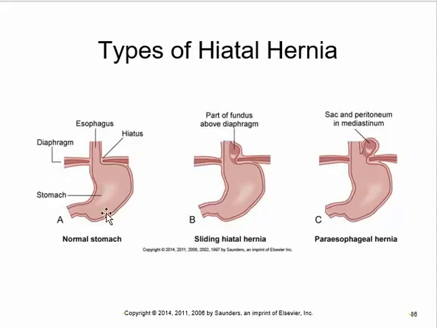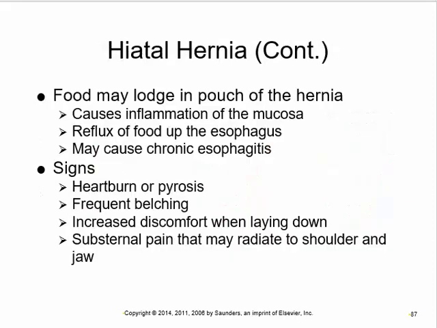So normally, esophagus on one side, stomach on the other. If the hole gets too big, then part of the stomach can end up above. If it traps up there like that, it's the paraesophageal.